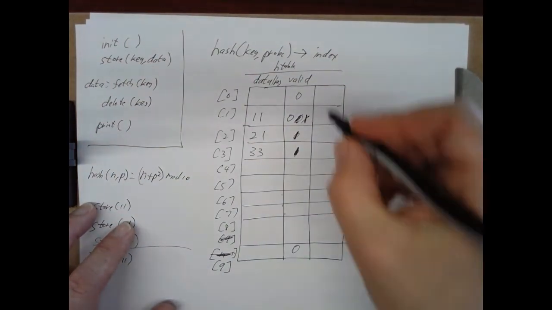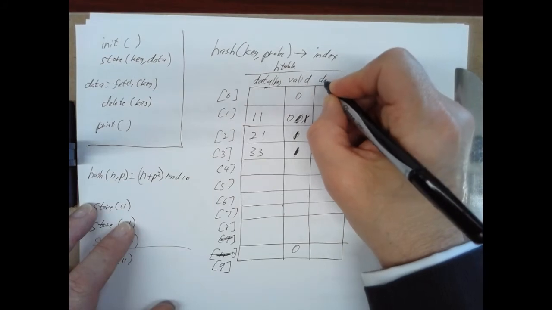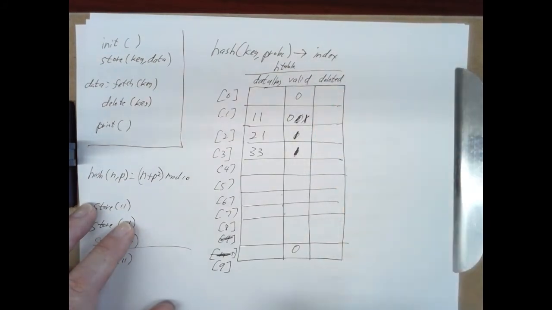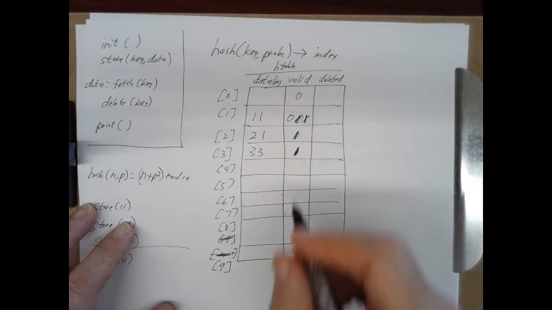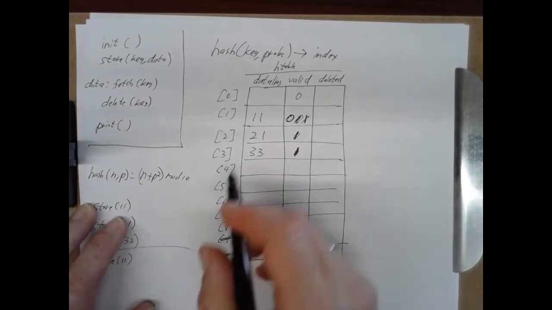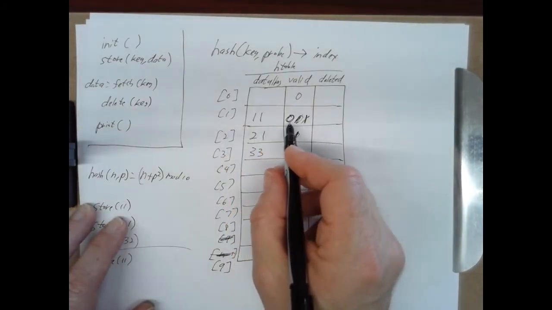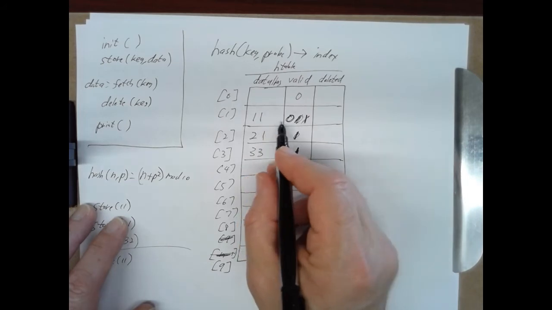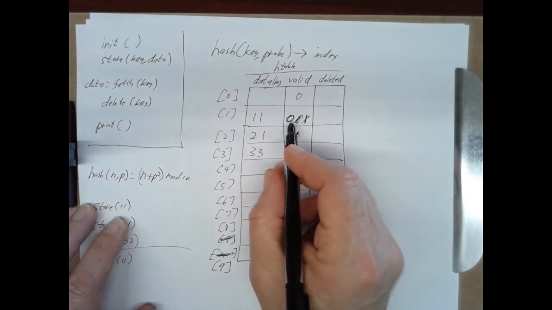But we also need to remember that we deleted it. Because if all we do is clear the valid flag, then when we try to look for a 21, we're going to hash it to an 11, we're going to look in here and say it's not equal to 21 and that location is not in use. I guess 21 is not in the table.